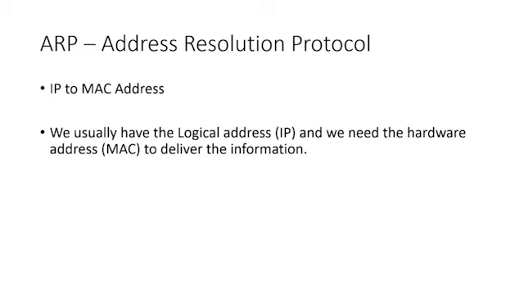So we need the MAC address. So what ARP does, the Address Resolution Protocol, it will say, well, I've got information destined for them. I don't know their MAC address, because we can't hard code that into every application we create. That's not feasible. But I know the IP address because I pulled it from the TCP stack.